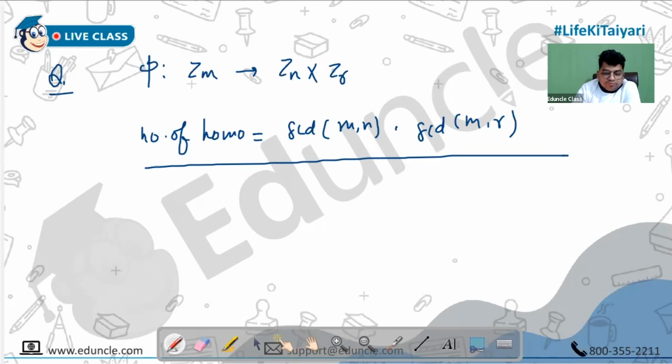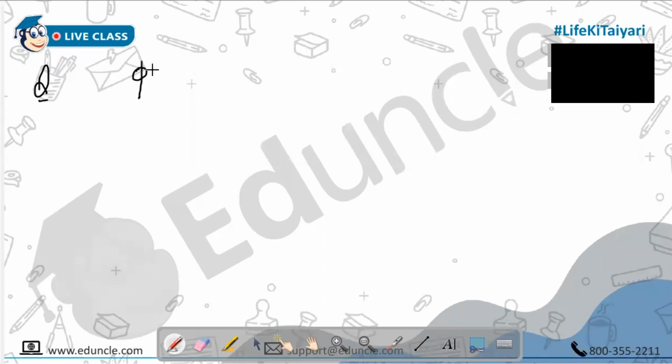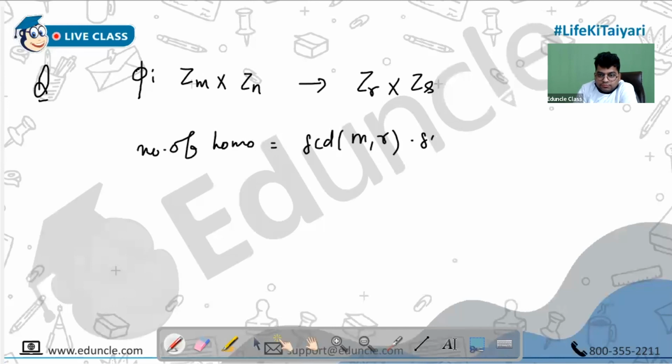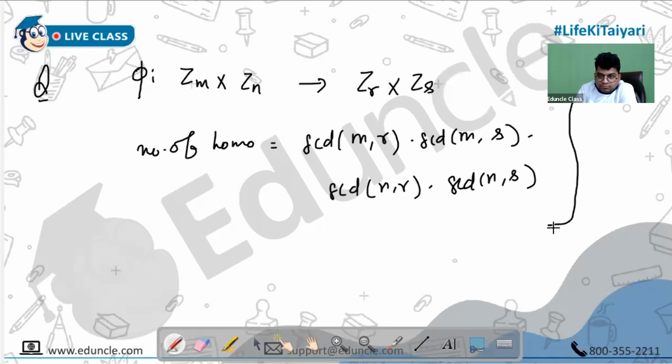Okay, so these are from the abelian group, and if somebody is asking a question like this, the number of homomorphisms from Zm cross Zr cross Zs, the formula for the number of homomorphisms will be the GCD of. This you can find out easily.